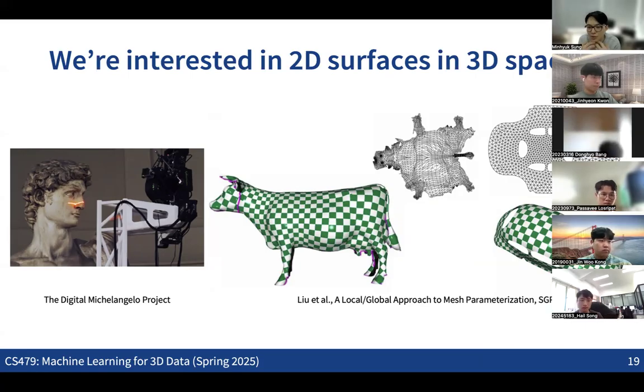From typical 3D scans, what we get is information about the points over the surface of the objects. But we don't know what is inside the object, and we don't even care what is inside the objects.